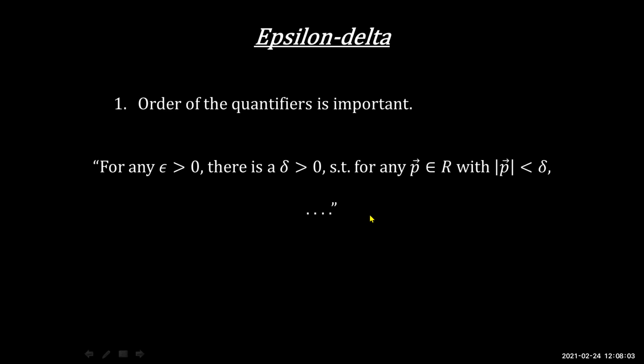Here it is known that the existence of delta generally depends on the given epsilon, because it comes after the epsilon. This can really be a source of error unless we read it carefully.